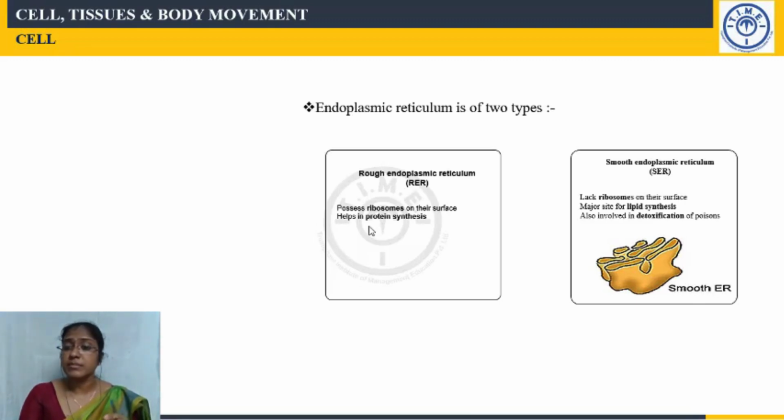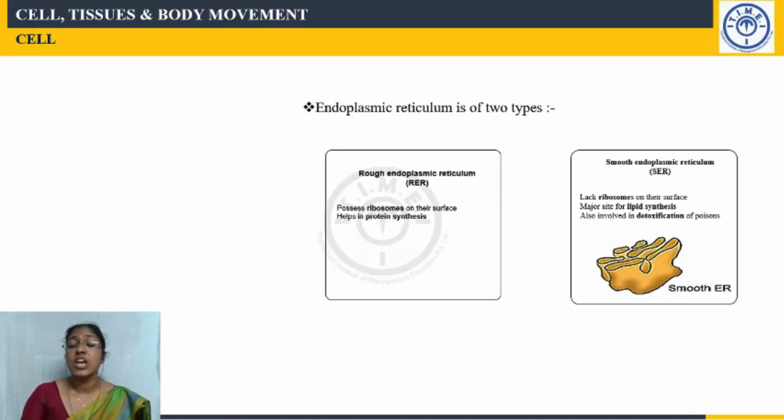What is smooth endoplasmic reticulum? It is abbreviated as SER. They lack ribosomes, so their surface will be smooth. So rough endoplasmic reticulum has a rough appearance on its outer surface because of the presence of ribosomes, which help in protein synthesis.